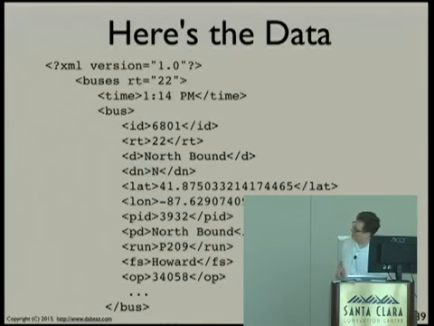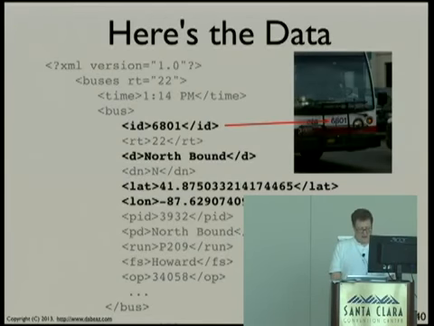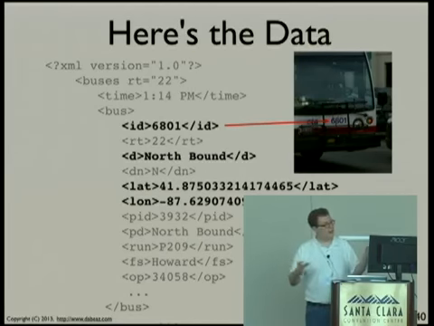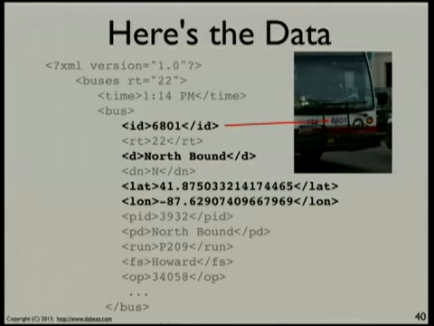The data that you're getting back is essentially some XML. Inside the XML, there are certain things of interest, like vehicle identifiers, what direction the bus is going, and the latitude and longitude coordinates of it, and so forth. There's even some stuff in here that's questionable. You can see this op field down at the bottom. As far as I know, op is actually the employee ID of who's driving.